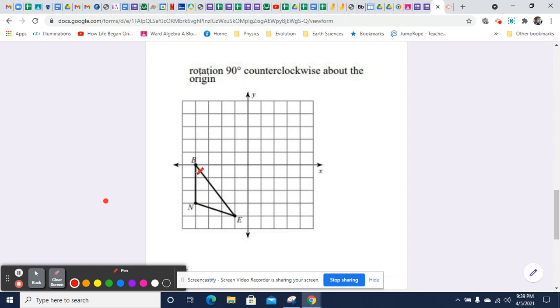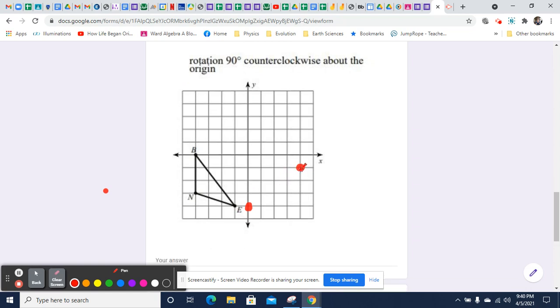When we rotate counterclockwise, this B here, which is at -4, 0, goes to 0, -4. So the x and y coordinates are just being swapped. This E, which is currently at -1, -4, is going to end up here at 4, -1. So the values swapped. However, the sign of one of them became positive. So the y value became the x value, but then it changed its sign.